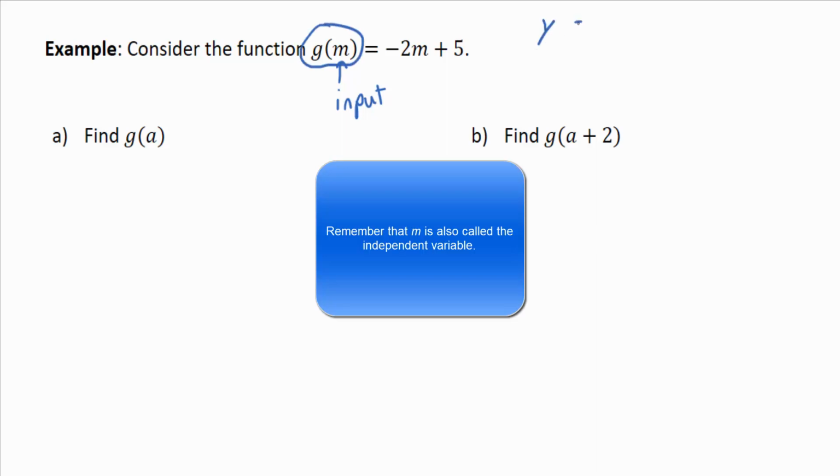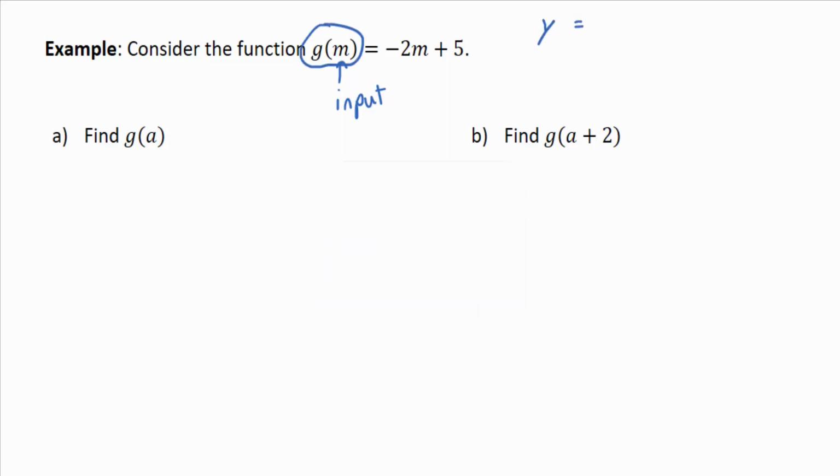If you don't want to use y, because maybe that doesn't make so much sense here, what could you use instead? Maybe n and m, right? M the input, and n the output. So if you want to say n equals g of m, you could. There's no reason why you couldn't. Let's say n is equal to g of m, then it's understood that you could replace g of m with n and get n equals negative 2m plus 5. Y would work also.